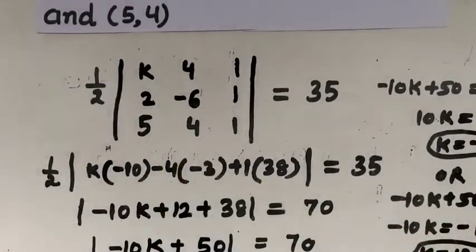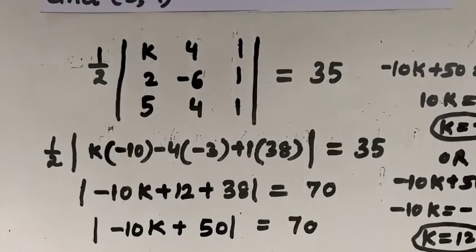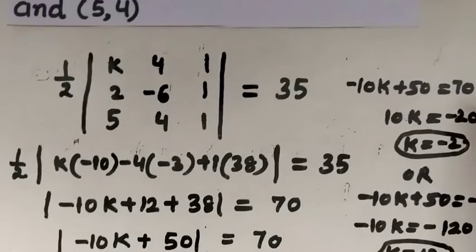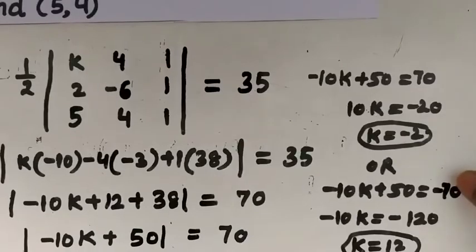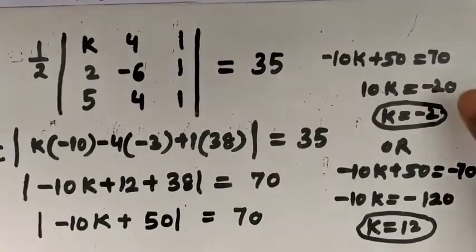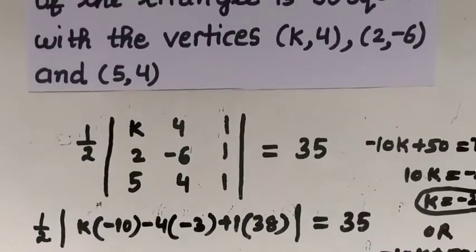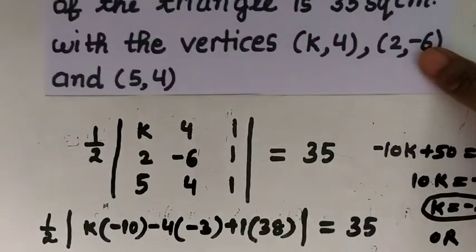Okay, we will expand the determinant of order 3 and after expanding we will get mod of minus 10k plus 50 is equal to 70. So there will be two cases, either minus 10k plus 50 will be 70 or it will be minus 70, and after solving we will get the values of k. So here are two values of k, that is k is equal to minus 2 or k is equal to 12. Next, come to our next question.